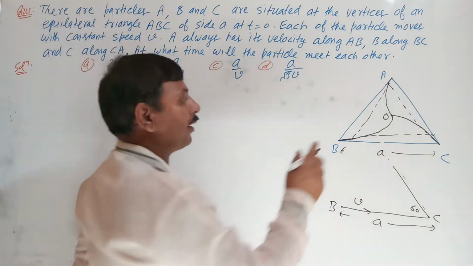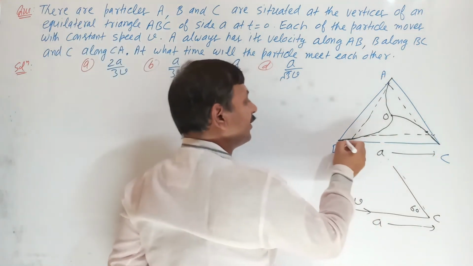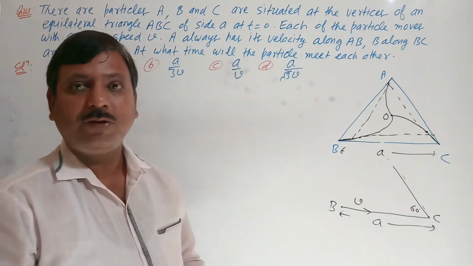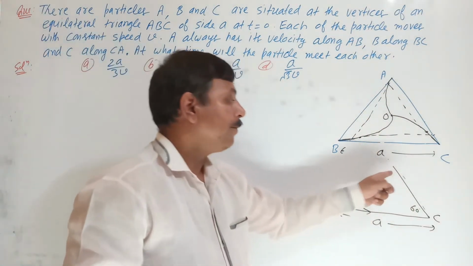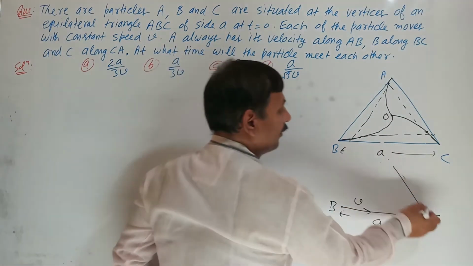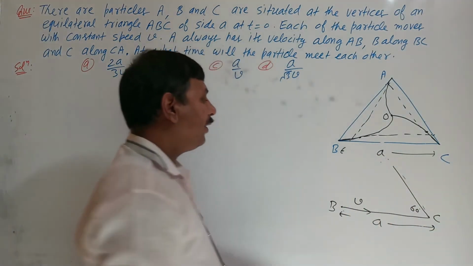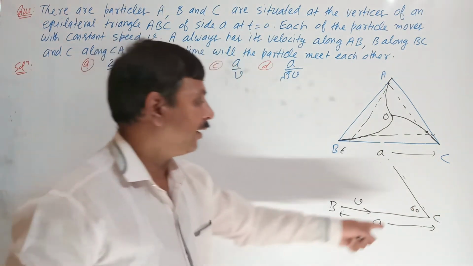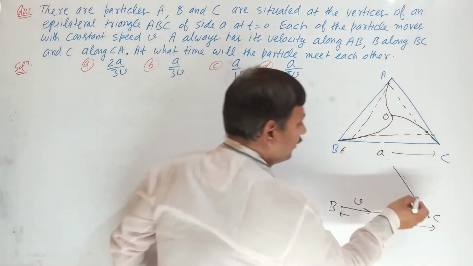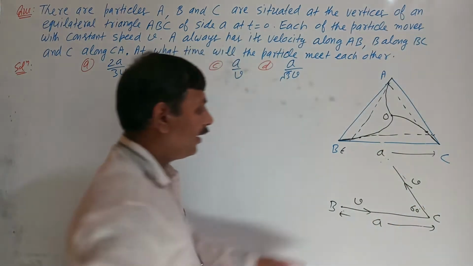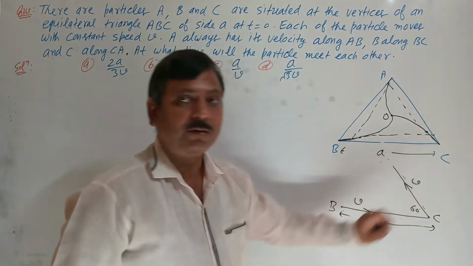One thing to remember, they always form an equilateral triangle. So the angle between the velocity vector of C and the velocity vector of B is always 60 degrees.